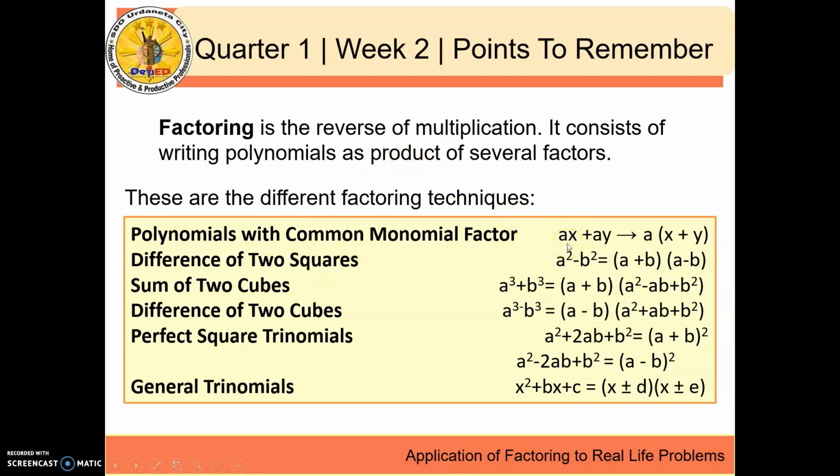If you see that the polynomials have a common factor, like this one, ax plus ay, we can factor the polynomial by removing the common factor a and dividing each term by the common factor, which gives x plus y.